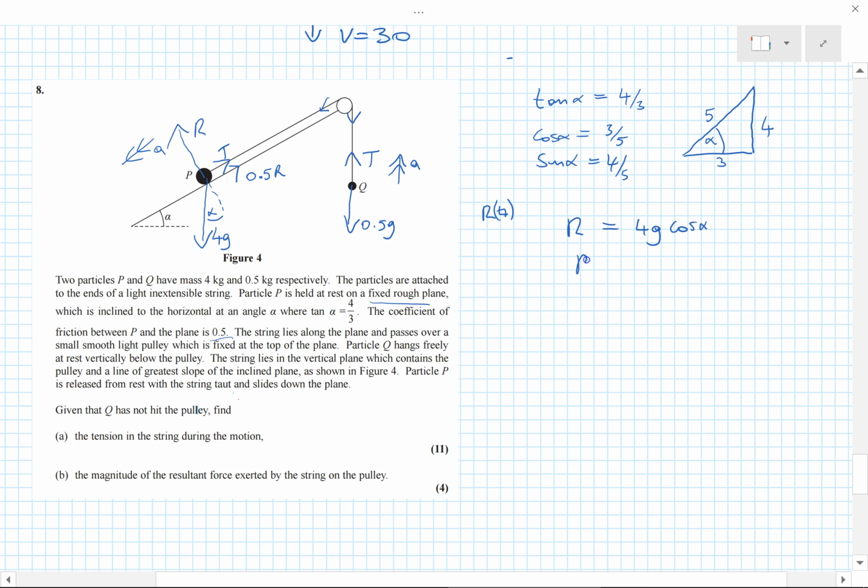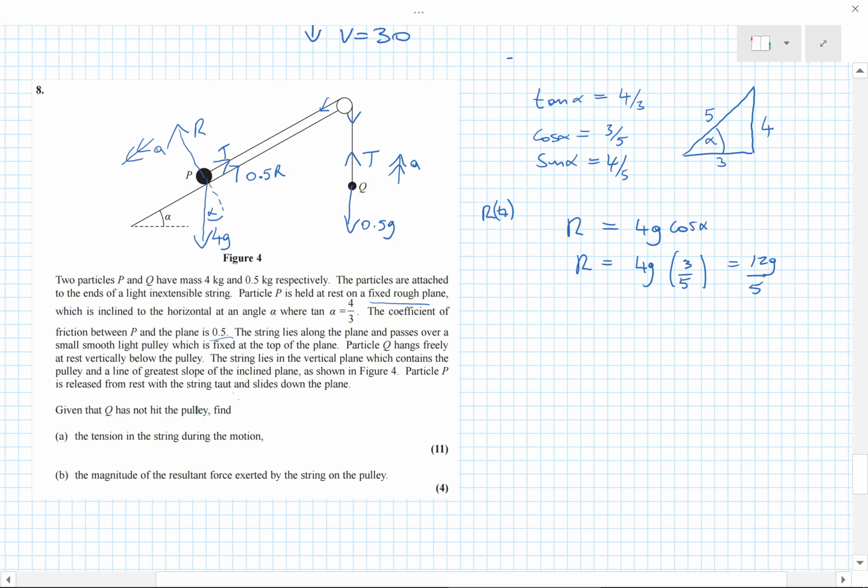So that gives me R equals, and we know that cos alpha is 3 over 5, so R equals 4g times 3 over 5, so that's 12g over 5.